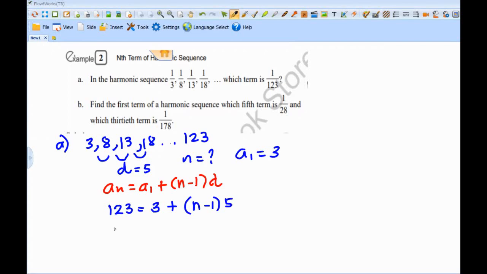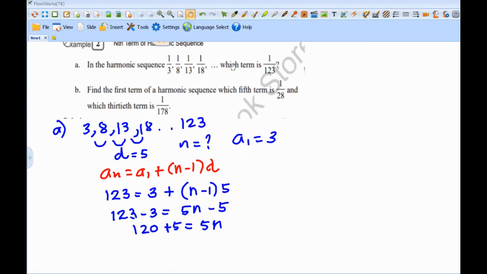Right? So 123 minus 3 equals, you distribute, 5n minus 5. So 120 plus 5 is equal to 5n. So we will have 125.